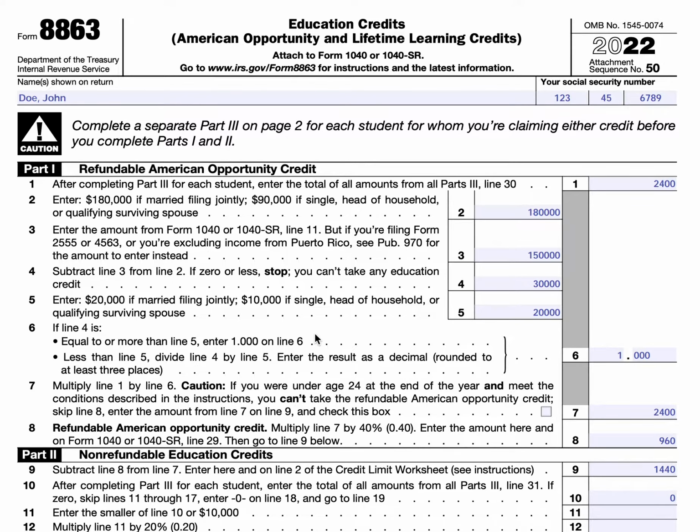Before we get into the form itself, we're going to take a few moments to go into a little bit more depth about each tax credit.